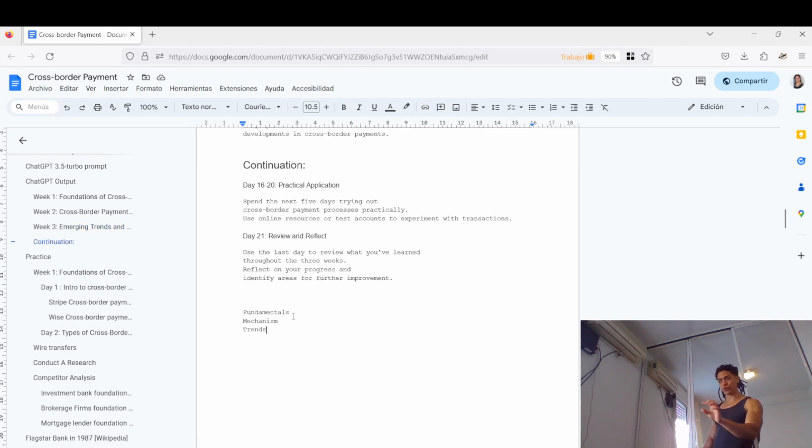So I will use this framework especially to learn something. Learn the fundamentals, then the relevant mechanism for you, and then the trends that are relevant to you. So this is something very, very interesting, especially to learn something.